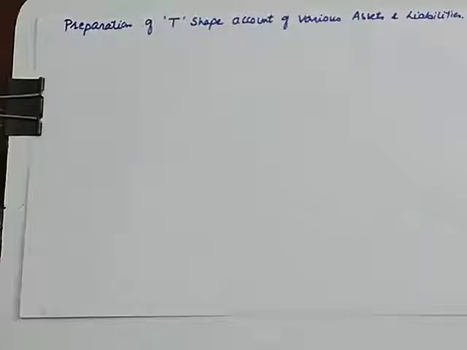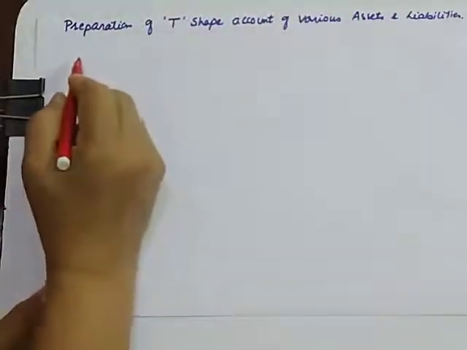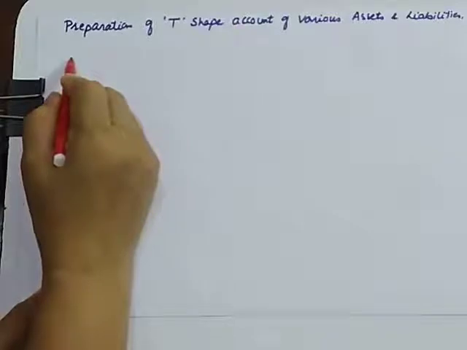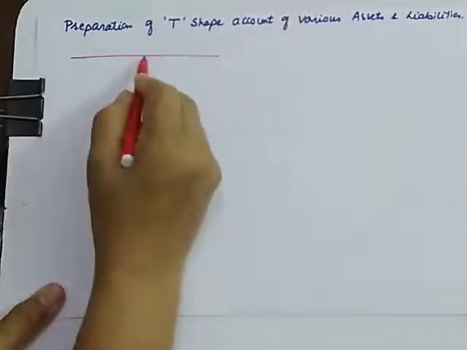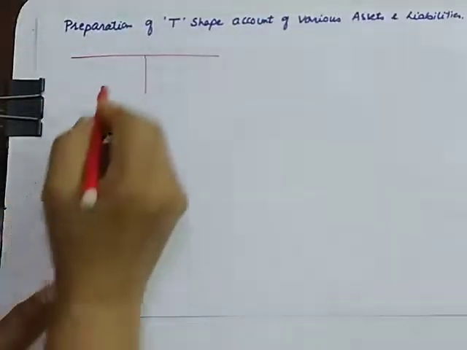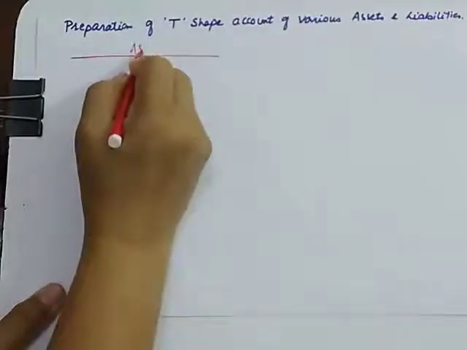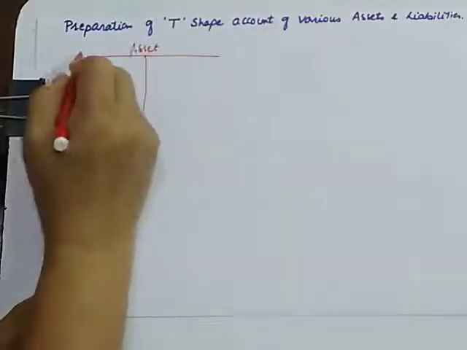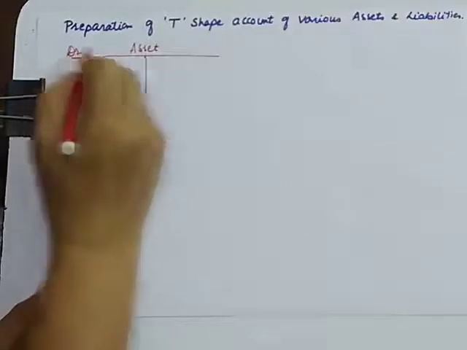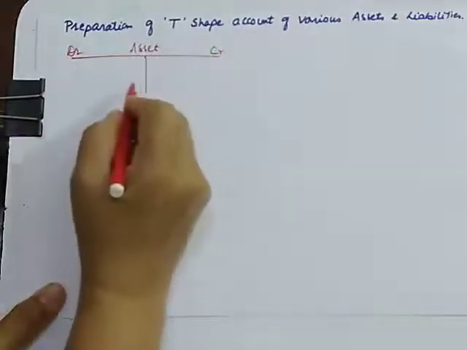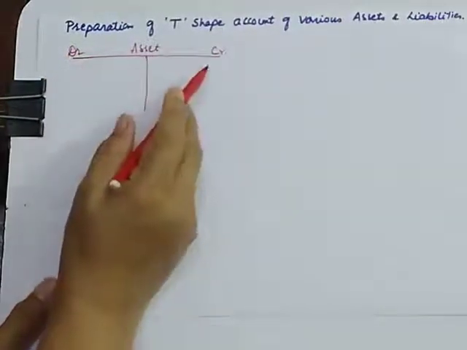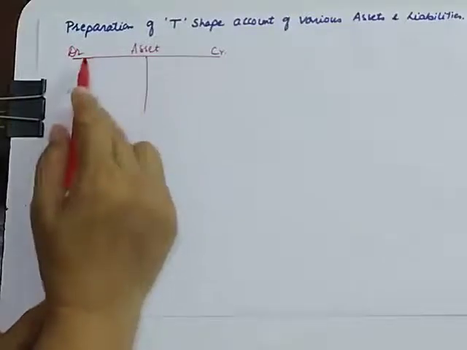Before going for the numerical, let me give you an idea of how this T-shape will be prepared. This is the T-shape. For example, if I am making an assets account, this is my debit side and this is the credit side. I told you that debit and credit are the two sides of an account.